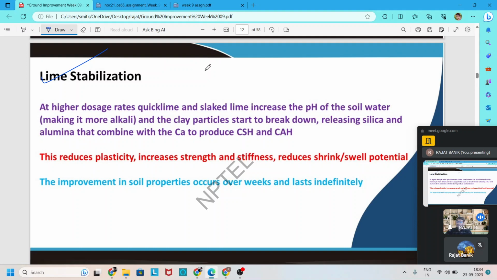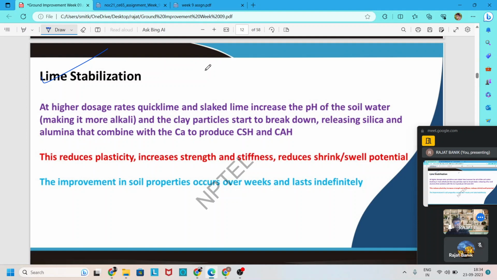We know that clay minerals are formed from two components: one is silica, another one is alumina. The clay minerals are electrically active, and when we apply the lime, the pH of the soil water is increased.